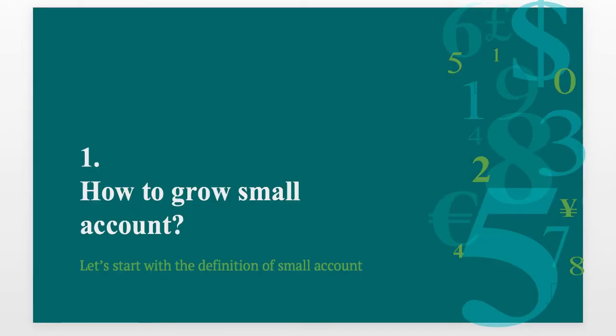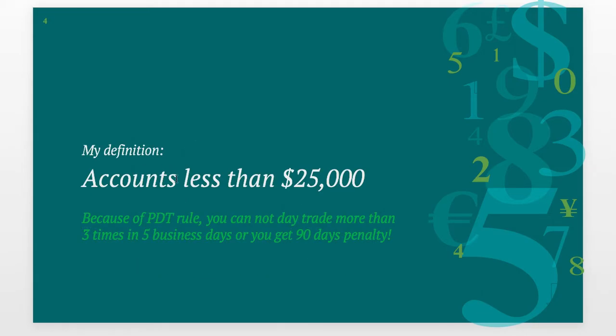So let's get into the topic that we are going to talk about: how to grow a small account. So, what is a small account? In my definition, a small account is an account with less than $25,000. And the reason for that is, when you have less than $25,000 in your account, because of the PDT rule, you cannot trade as many times as you want during the trading day.